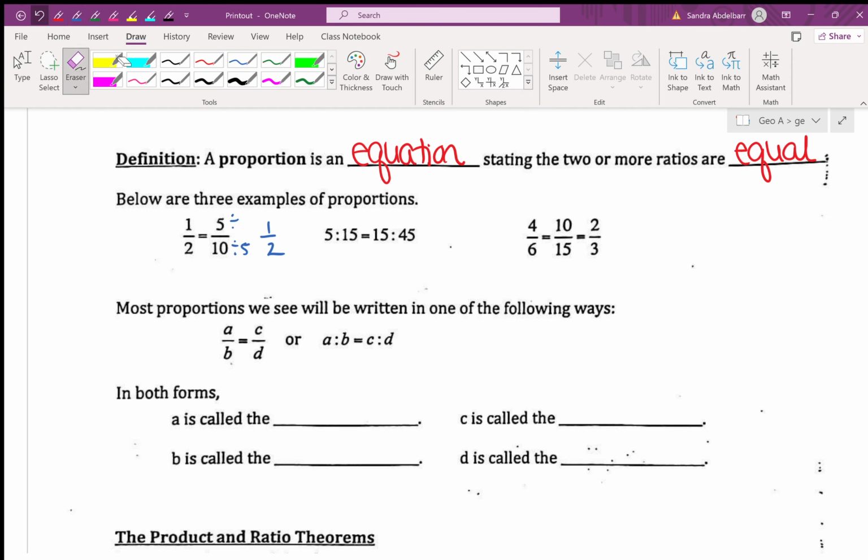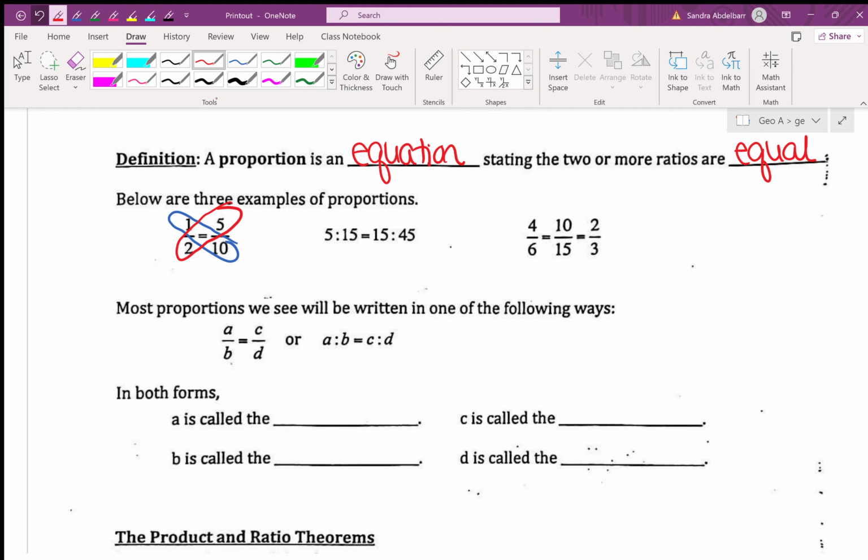Another way to check that a proportion is true is anytime you have 2 ratios equal to each other, you're allowed to cross multiply those 2 ratios. When I say cross multiply, do you guys remember those butterfly wings? Did this in middle school? Remember that? So you can multiply on a diagonal.